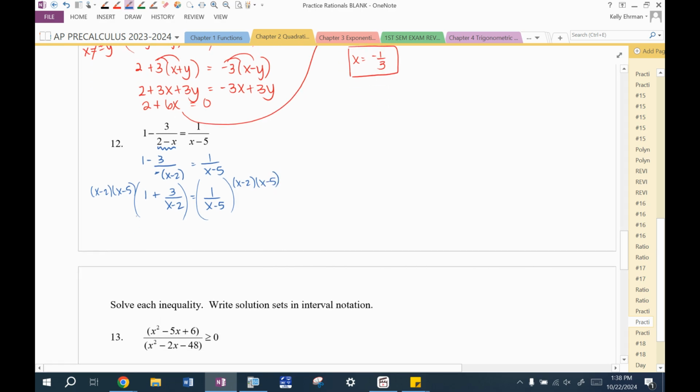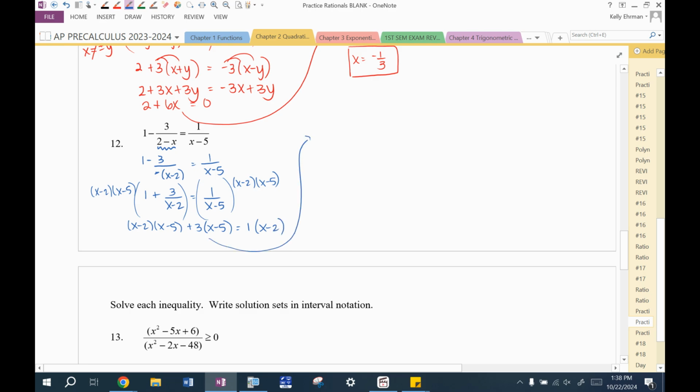Nothing cancels from the 1, so I'm just going to have x minus 2 times x minus 5, plus 3 times, x minus 2's cancel, so x minus 5, equals 1 times, x minus 5's cancel, x minus 2.